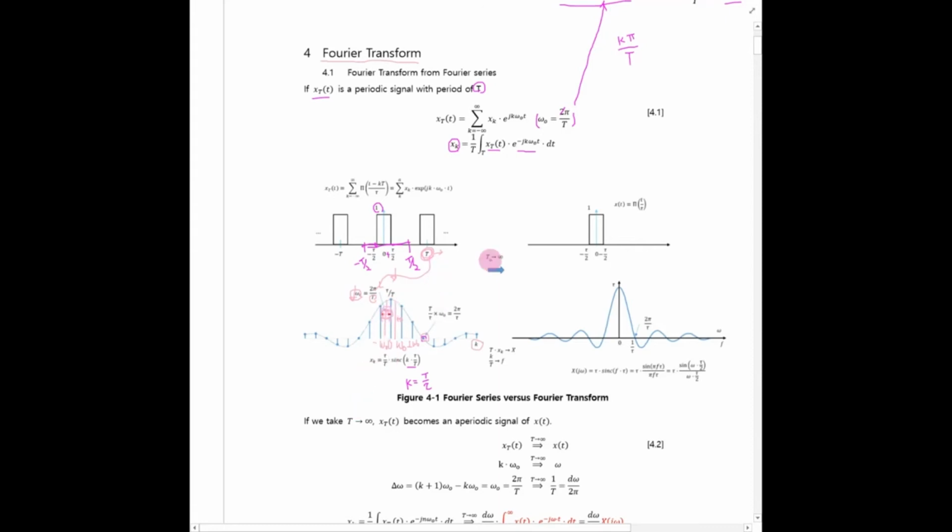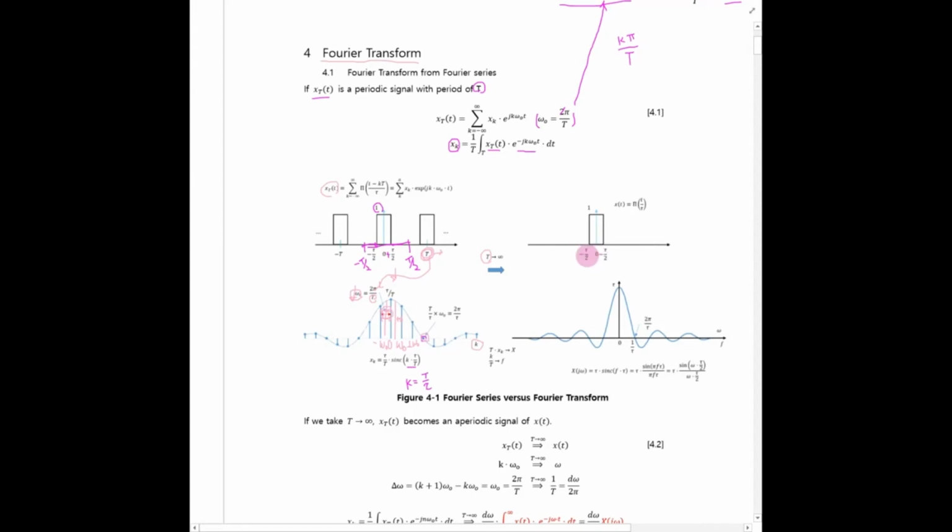But what if T goes to infinity? It means it is not periodic anymore. The period is infinity, so it is non-periodic. In that case, x(t) can be thought of as a non-periodic signal, just a single rectangular pulse.